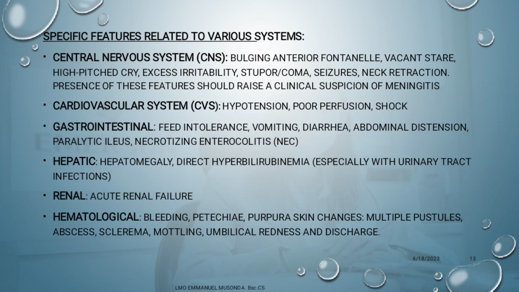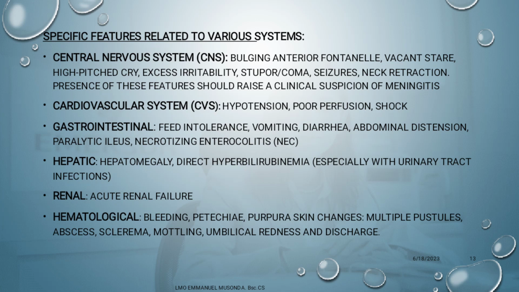Then for specific features which are related to various systems, from the CNS, we can have bulging anterior fontanelle, a vacant stare, high-pitched cry, excess irritability, stupor or coma, seizures, neck retraction, and the presence of these features should raise a clinical suspicion of meningitis. Then under the CVS, we can have hypotension, poor perfusion, shock, and then in the GI, we can have feed intolerance, vomiting, diarrhea, abdominal distension, paralytic ileus, and also this could be one of the signs of necrotizing enterocolitis.